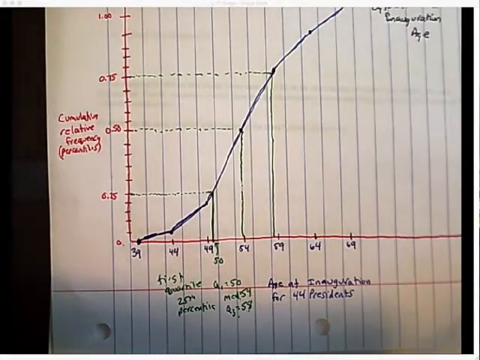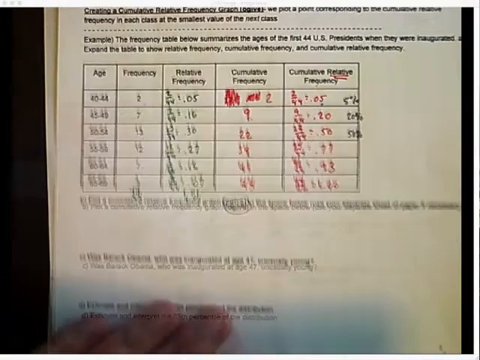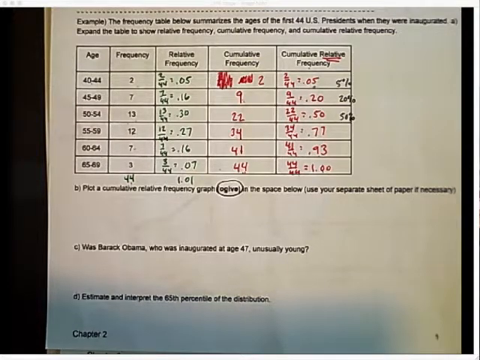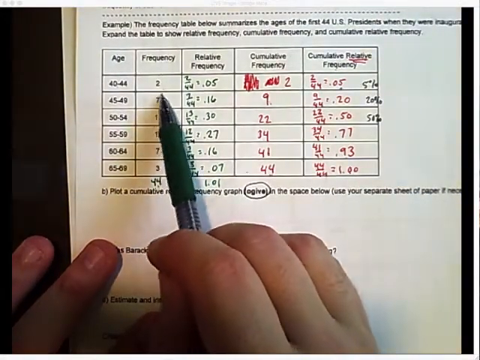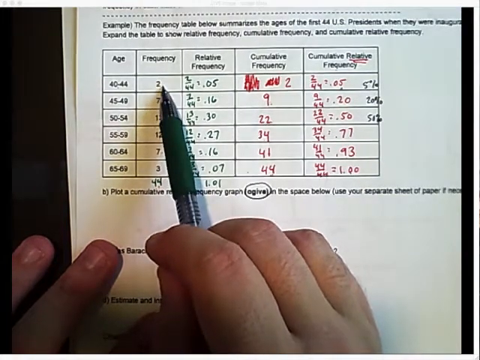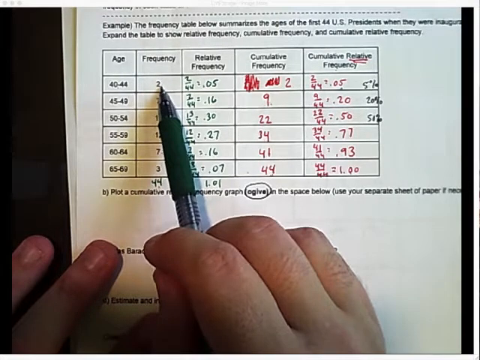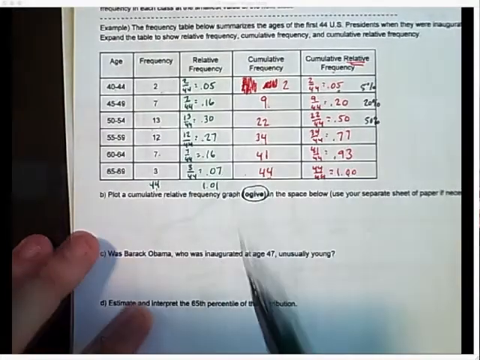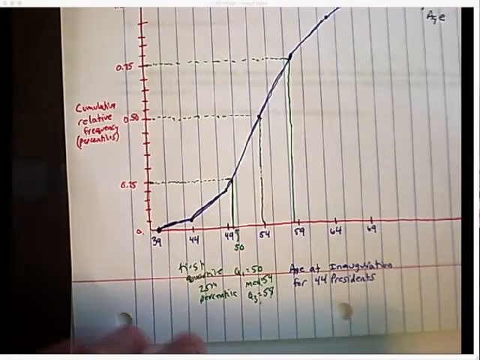All right. So let's answer a couple more questions on this first page. The first one says, was Barack Obama, who was inaugurated at age 47, unusually young? Well, Barack Obama fits into this bin, so at least 2 presidents were younger than he was when they were inaugurated. If you want to think about percentages, let's go back to our ogive.